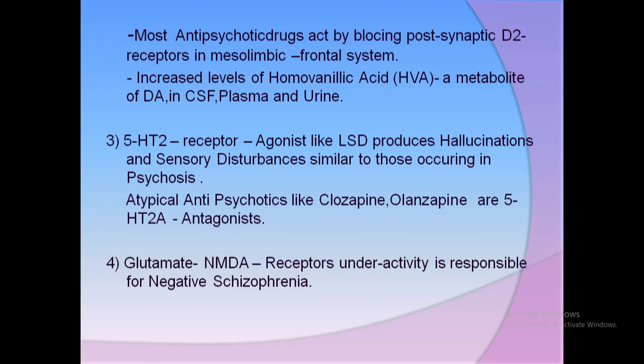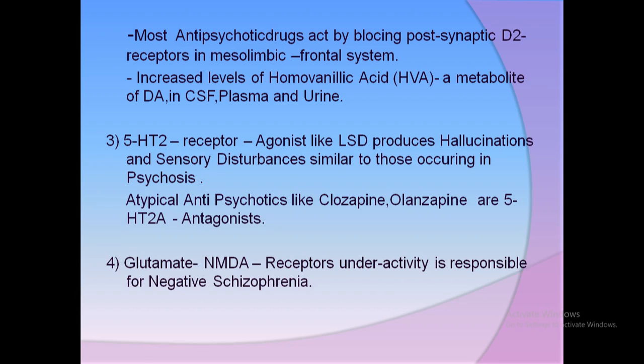Most antipsychotic drugs act by blocking postsynaptic dopaminergic D2 receptors in the mesolimbic frontal system. Increased levels of homovanillic acid, a metabolite of dopamine, in CSF, plasma and urine.